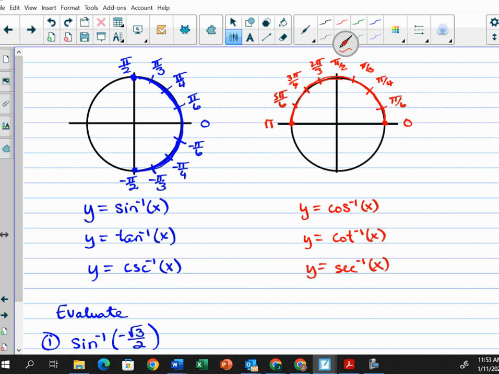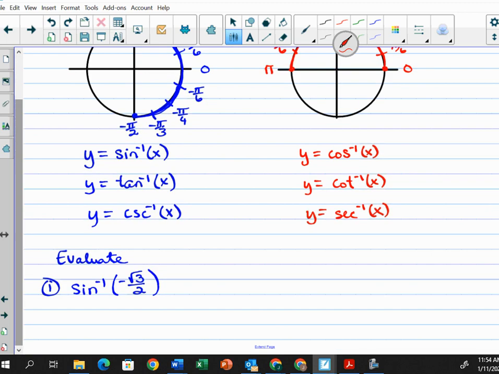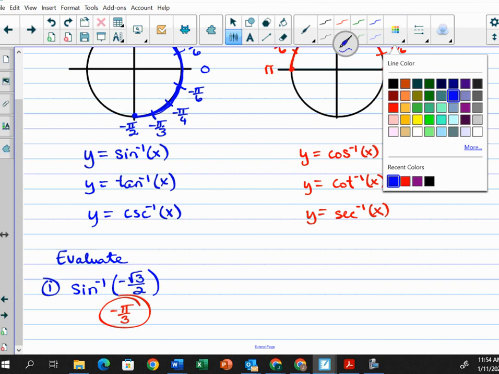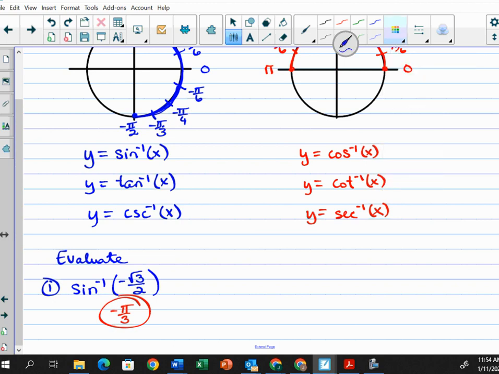Where is the y value negative root 3 over 2? Do you guys see what I mean? If you don't know those unit circle values, this is kind of not going to be real fun. But if you do, negative root 3 over 2 as a y value is at 1/2 comma negative root 3 over 2. Yes.